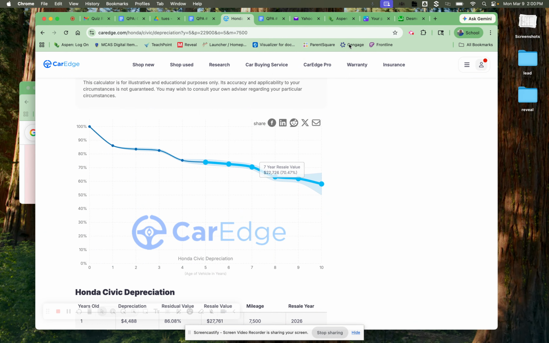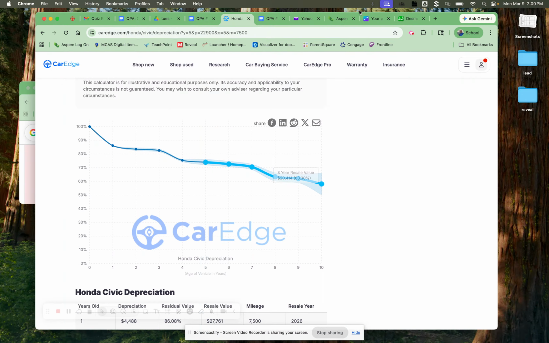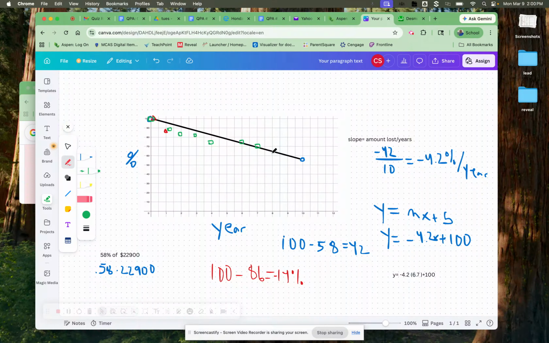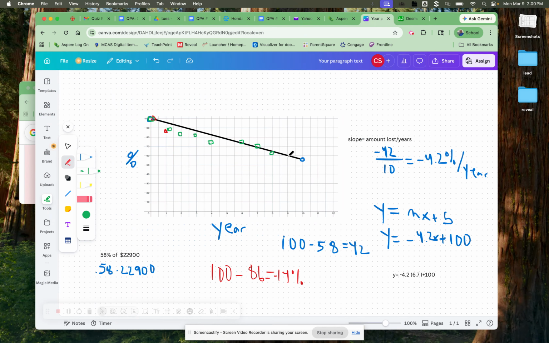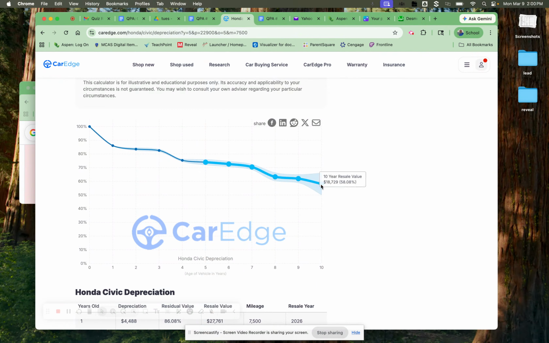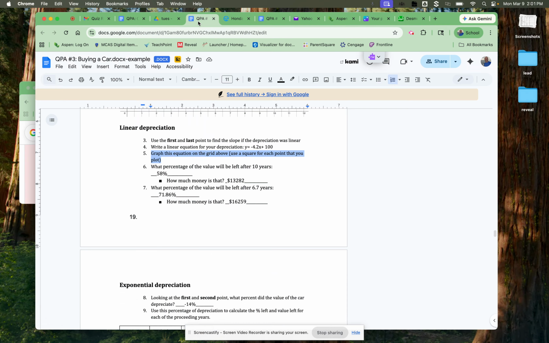Year 7, it goes to 70%. Eight, it goes to 63%. 9, it goes to 62%. In year 10, it goes to 58%. I'm just going to make a graph. Okay, that was this step right here.